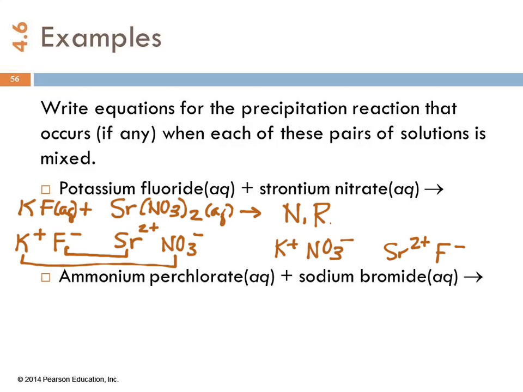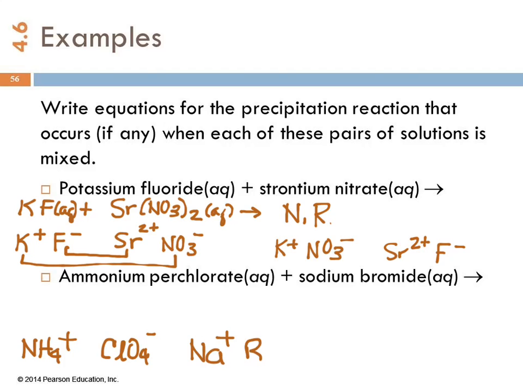Let's do the other one. Ammonium. What's the formula? NH4+. Perchlorate. Okay, what's chlorate? Chlorate, ClO3. So per is more, ClO4, the -1 charge. Sodium, group 1, so Na+.